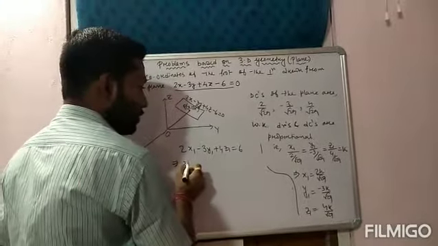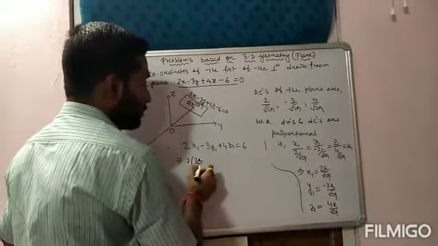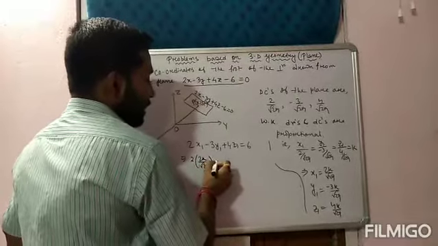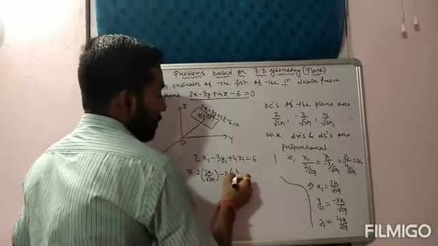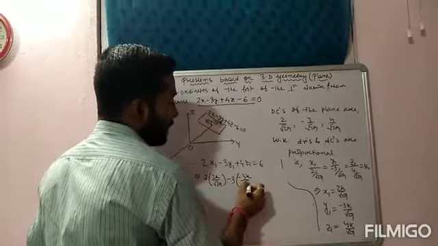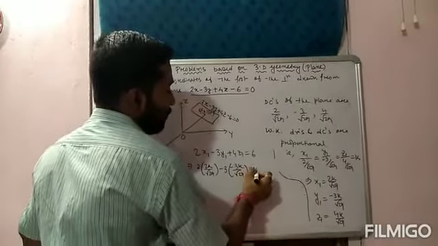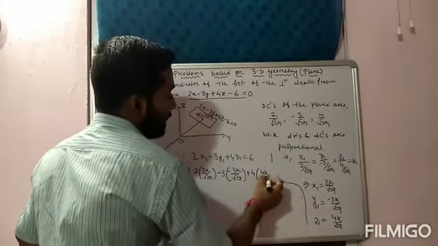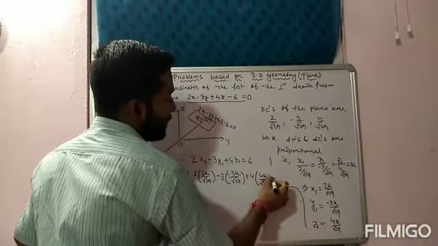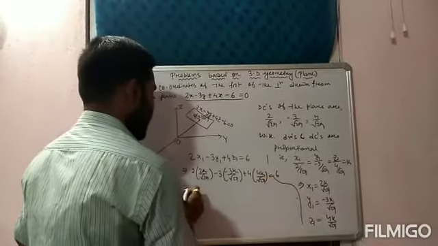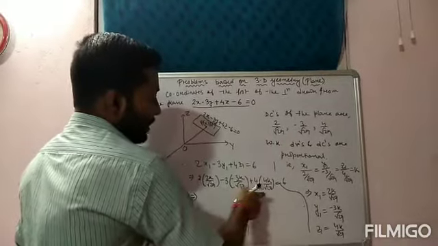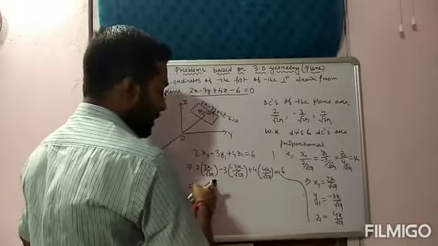So that is 2 into 2k by root 29 minus 3 into minus 3k by root 29 plus 4 into 4k by root 29, this is equal to 6. So if we take LCM, LCM is root 29 only.